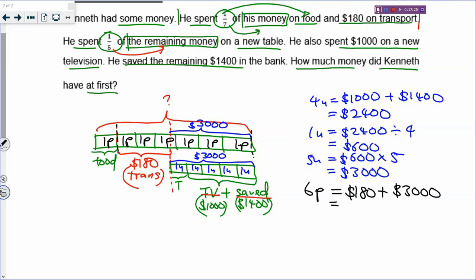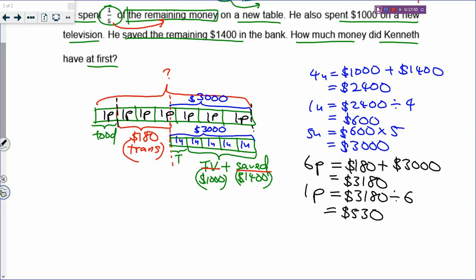So you add them together, you will get $3,180. So your 1 part will be $3,180 divided by 6, right? And what would you get? You will get $530, which is 1 part.